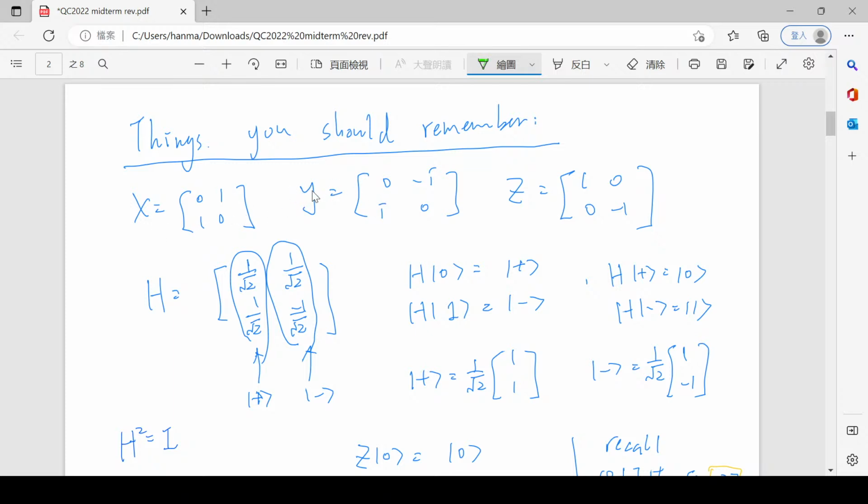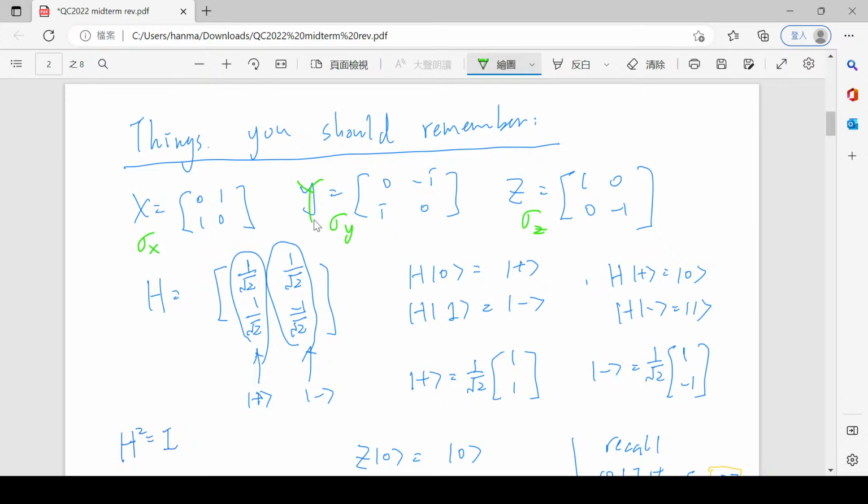Pauli Y, which should be a capital Y, is 0, minus i, i, 0, and Pauli Z is 1, 0, 0, minus 1. They are all single qubit gates, and we see X and Z more because they are real, so it's easier to do computation. They are also written as sigma X, sigma Y, and sigma Z, and it should be a capital letter.